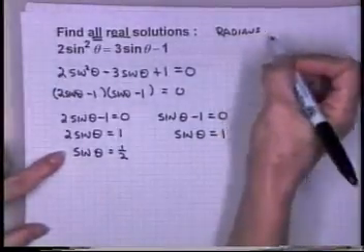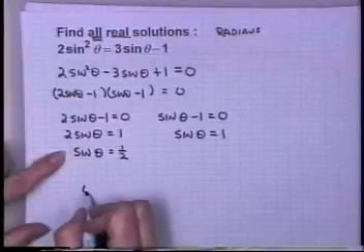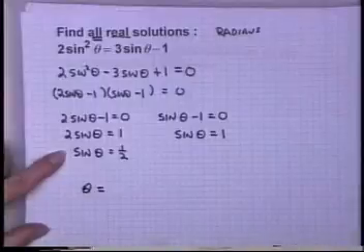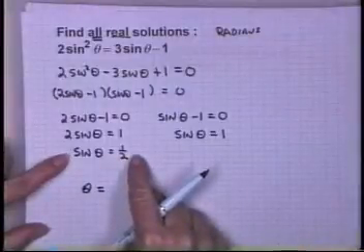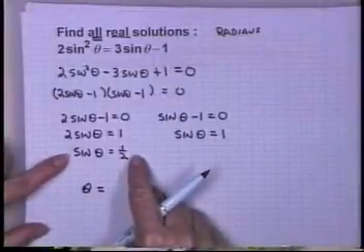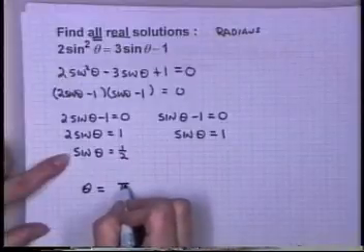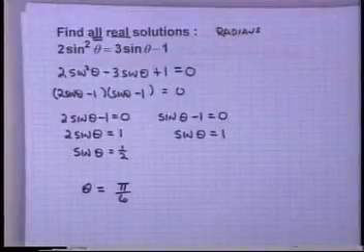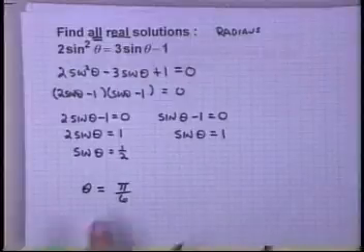I'm wanting radians. So what I'm going to do first is to get what I'm going to call my primary solutions. Let's start here. We know that 30 degrees, or pi over 6, has a sine value of 1/2, don't we? So we're going to have that solution. Now, we also know that the sine is positive in quadrant 2.